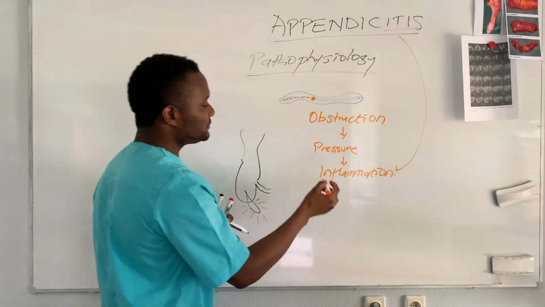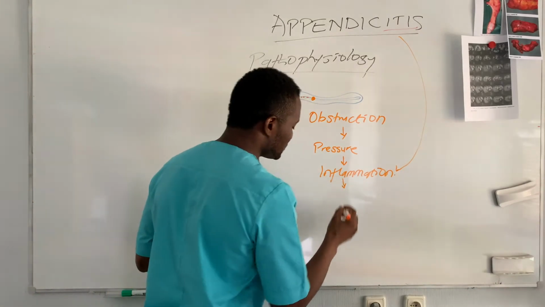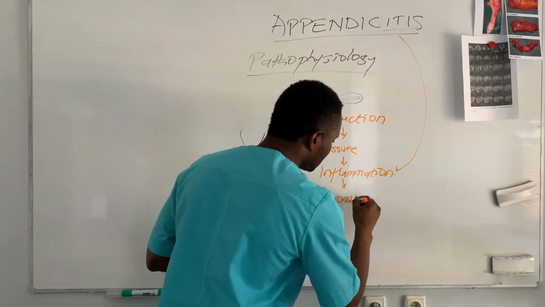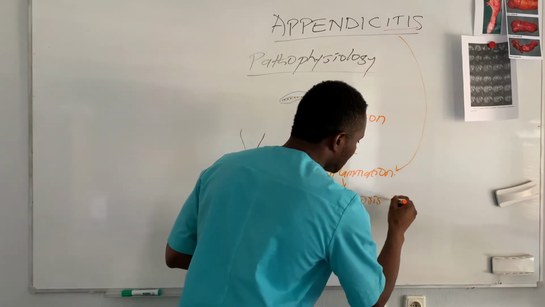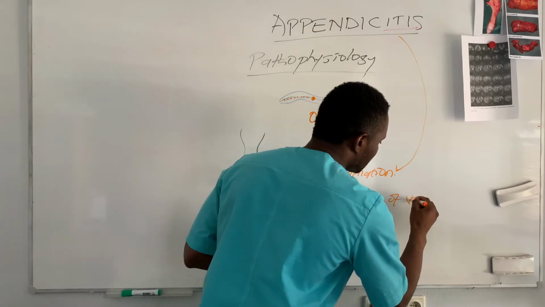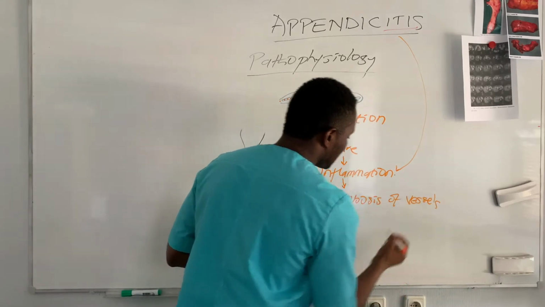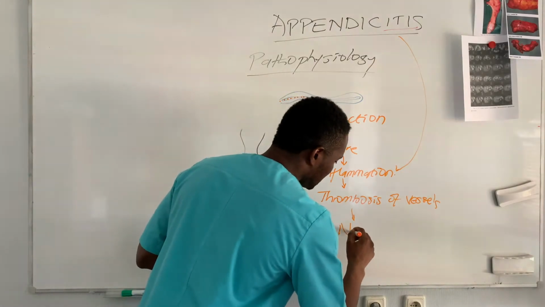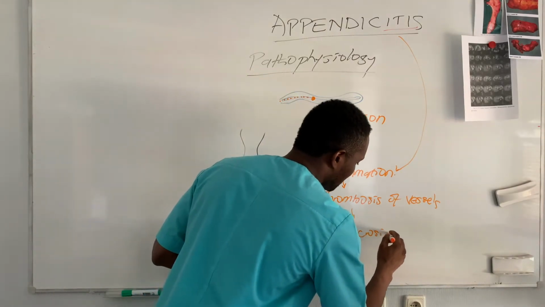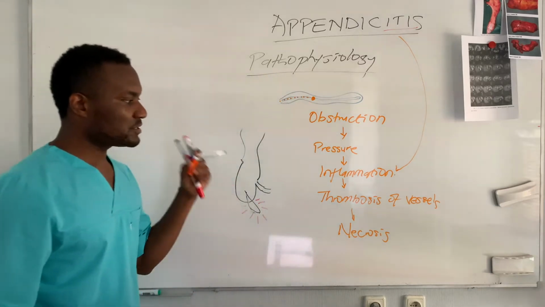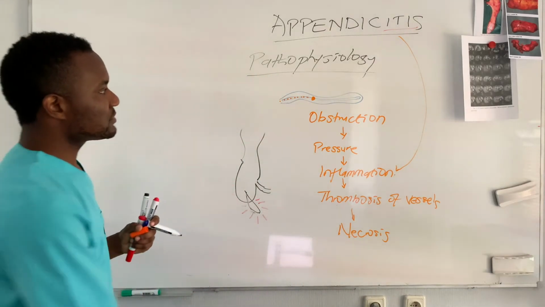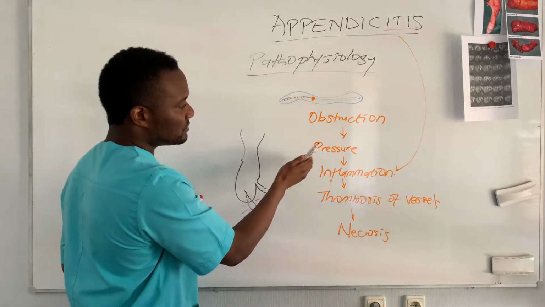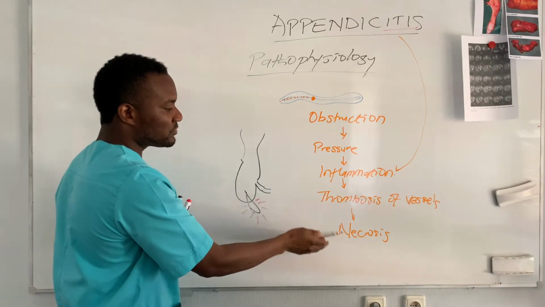Inflammation will lead to thrombosis of vessels, and thrombosis of vessels will lead to necrosis. So this is a brief about what happens. So there's an obstruction, it leads to pressure, inflammation, thrombosis, and necrosis.